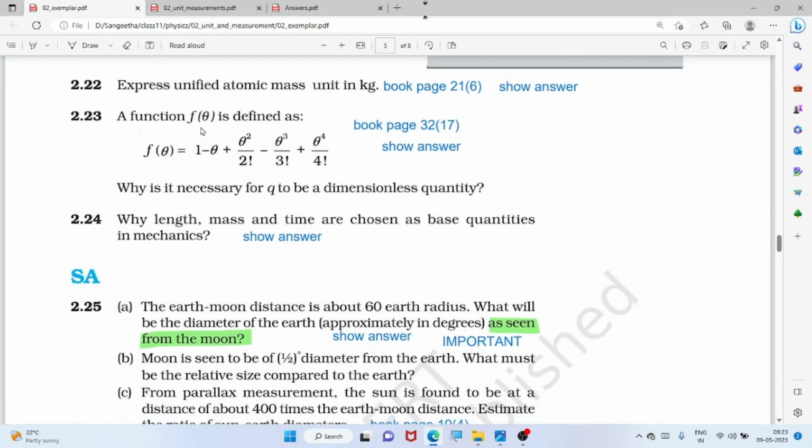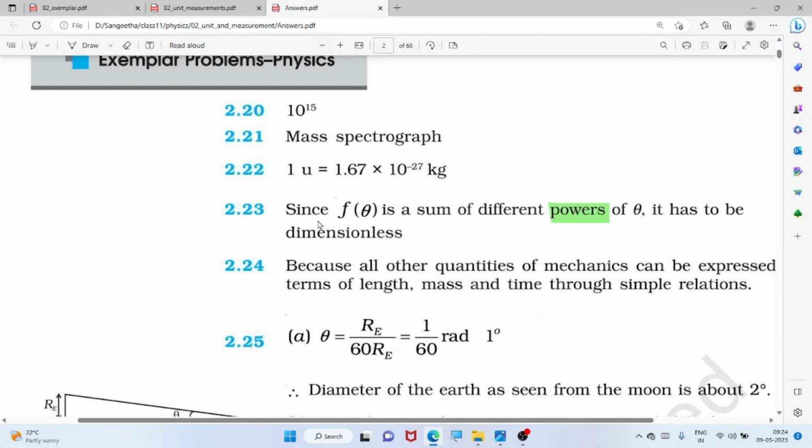A function is defined like this. Why is it necessary for theta to be a dimensionless quantity? I think the power should be dimensionless. F of theta is the sum of different powers, so it has to be dimensionless.